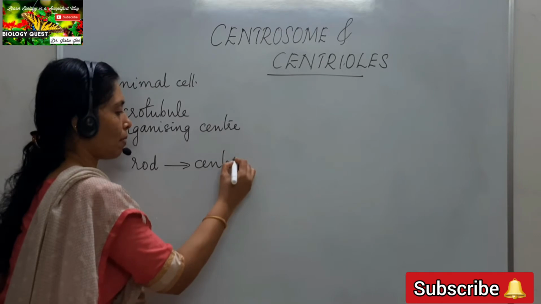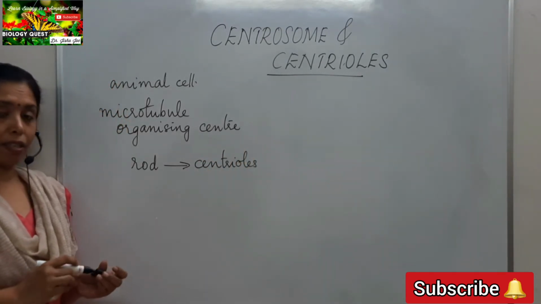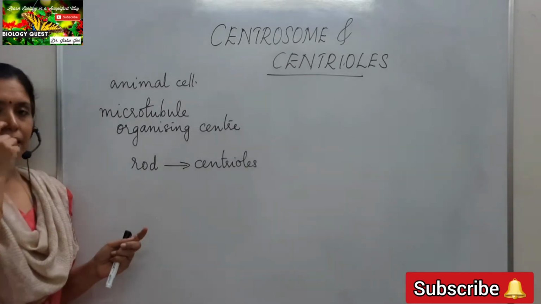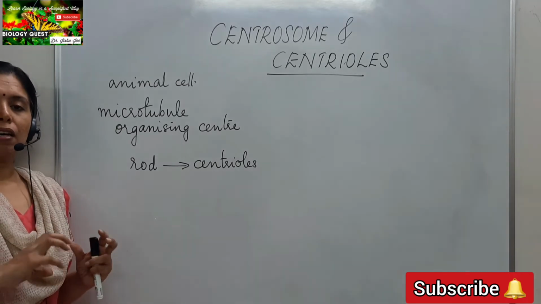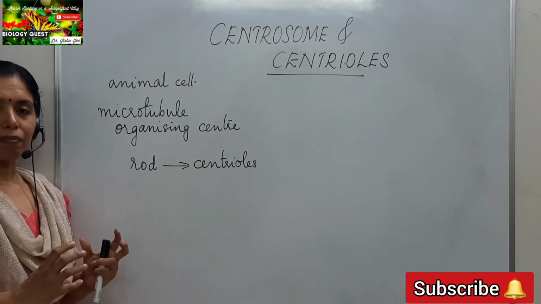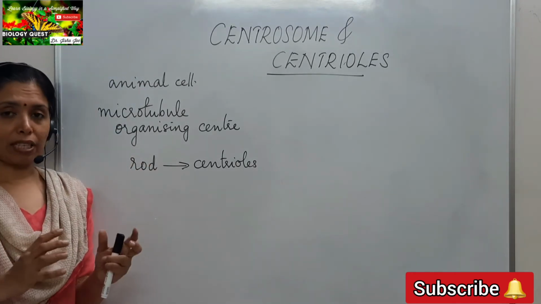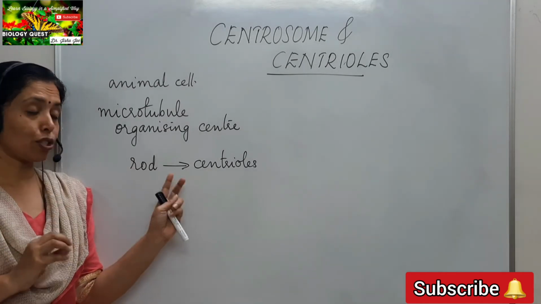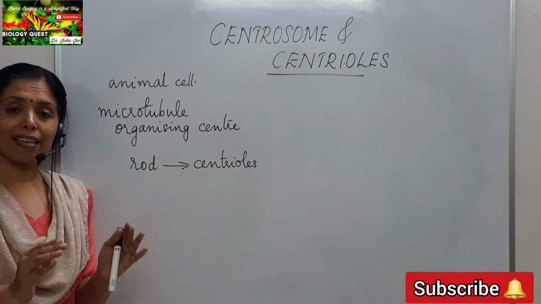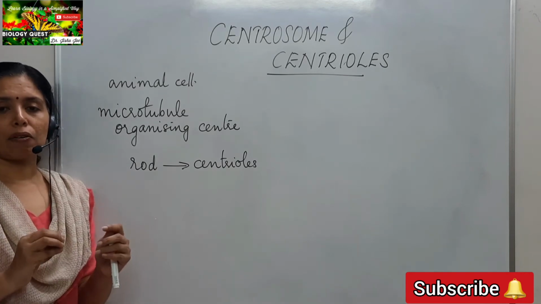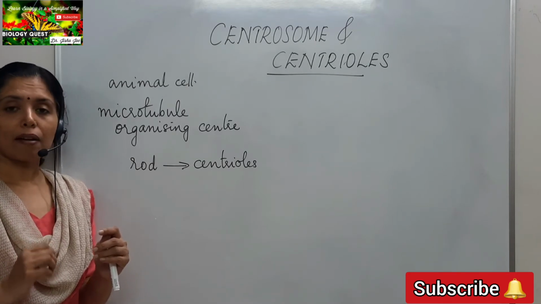These centrioles of the centrosome are present in an amorphous mass of protein, which is called the pericentriolar matrix, or the pericentriolar material.